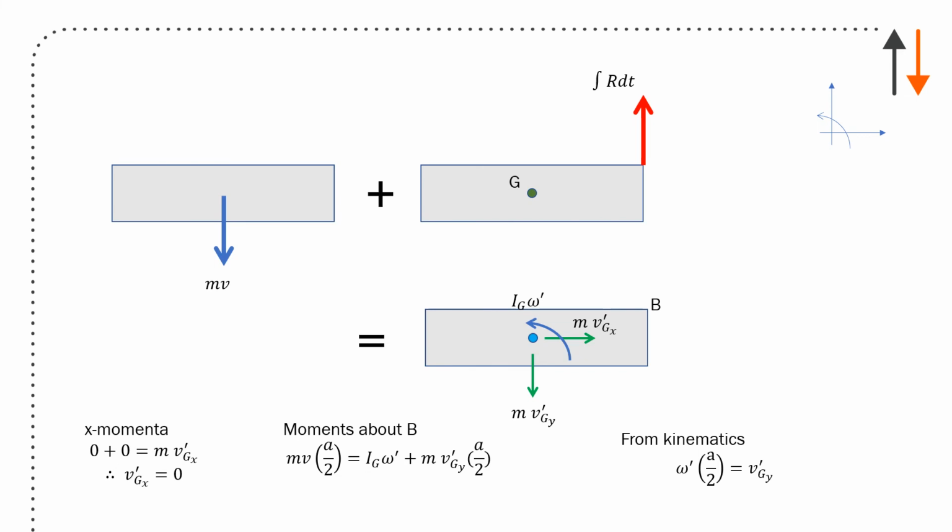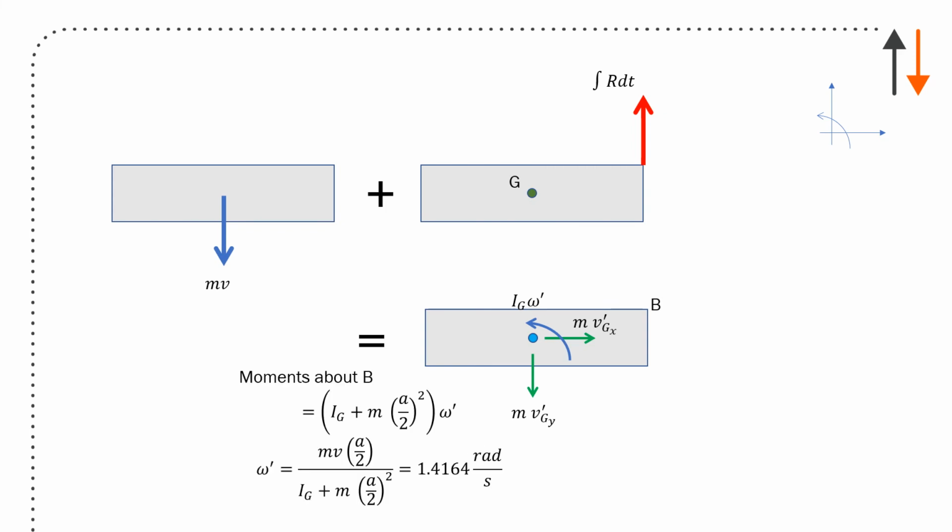From the kinematics, I can say omega a over 2 equals vg prime in the y direction, and calculate my moments about B. So it's Ig plus m a over 2 squared times omega prime. Substituting all the terms, you get m v a over 2 equals Ig plus m (a over 2) squared times omega prime, giving omega prime equals 1.4164 radians per second.